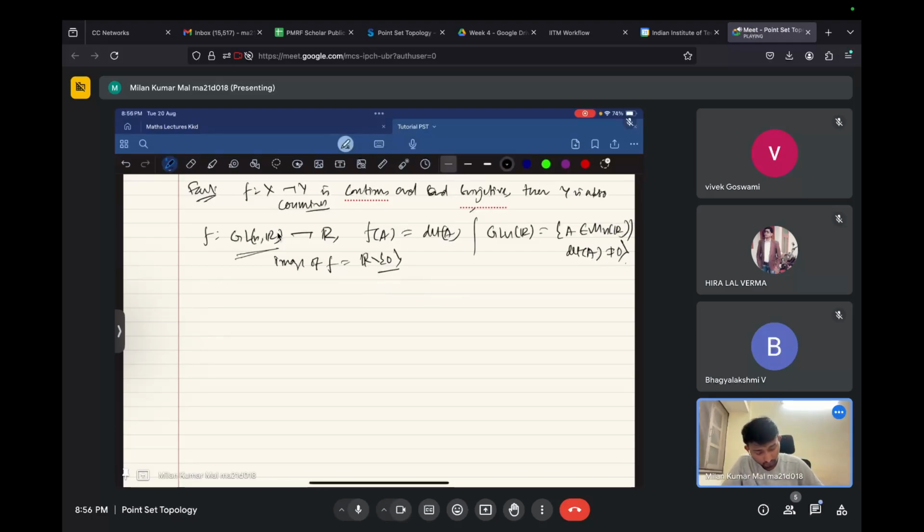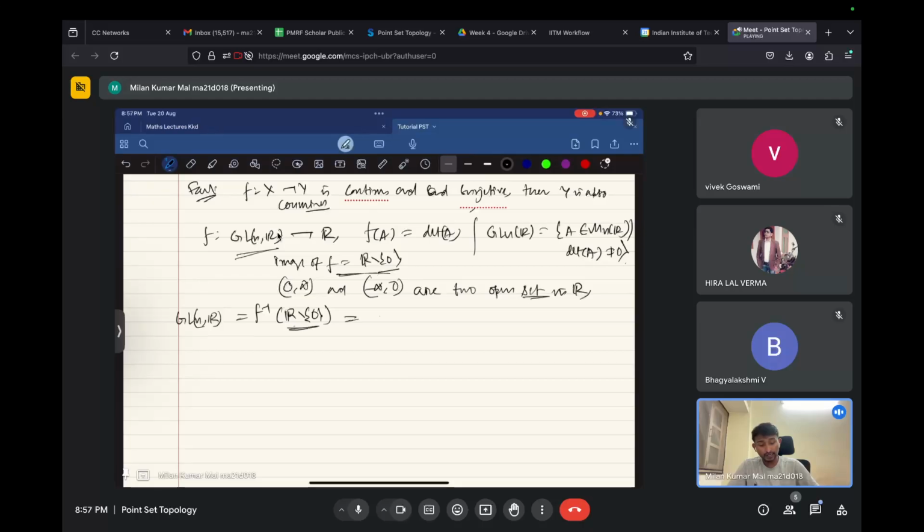Now 0 to infinity and minus infinity to 0 are two open sets in R with standard topology. Now f inverse of R minus 0 is the same as GLNR, because this is the image actually.